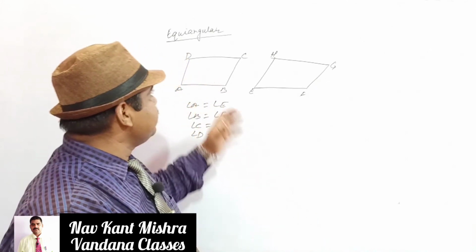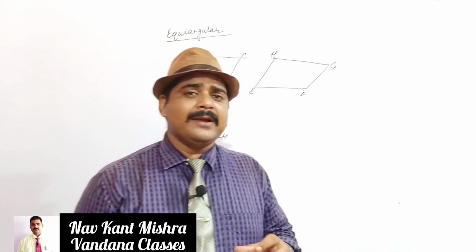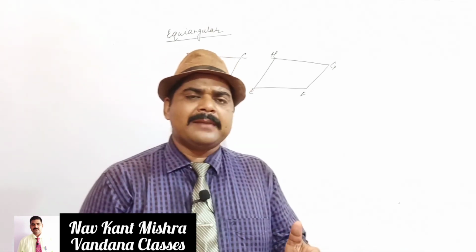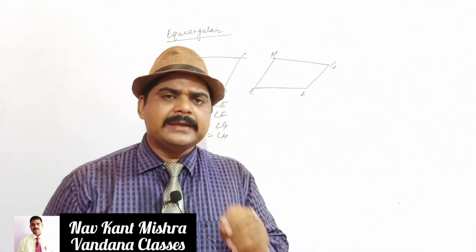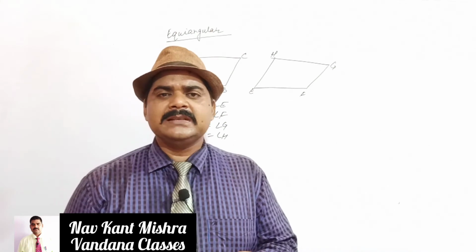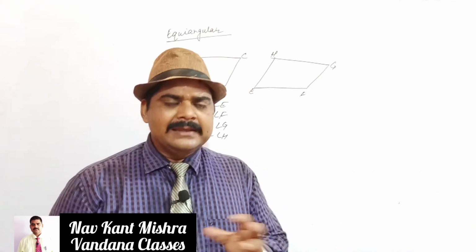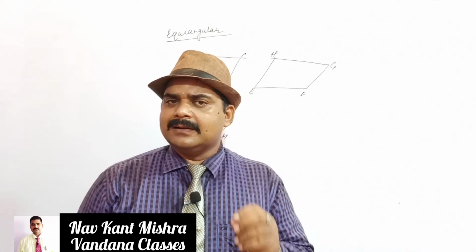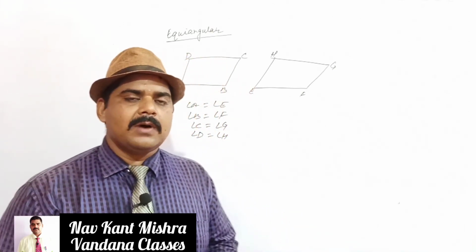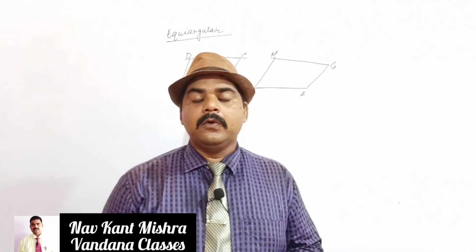Dear student, I am going to discuss equiangular. What is the meaning of equiangular? Equiangular is made up of two words, equi and angular. Equi means equal and angular means having angles. Any two quadrilaterals having their corresponding angles equal are known as equiangular.